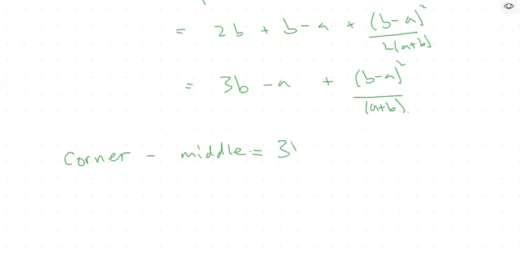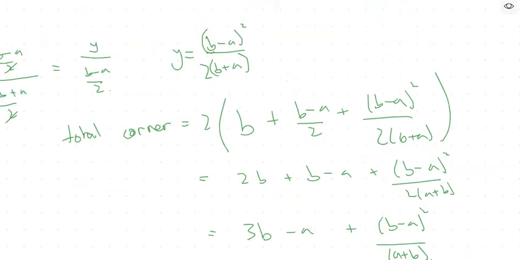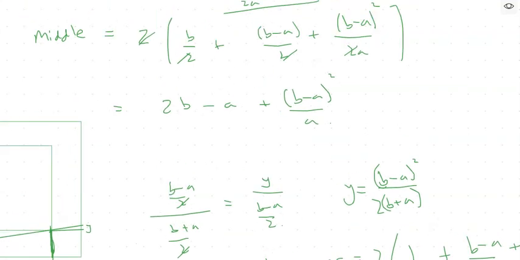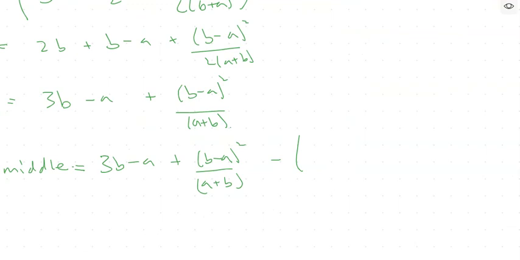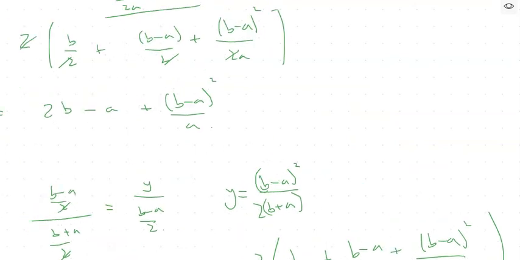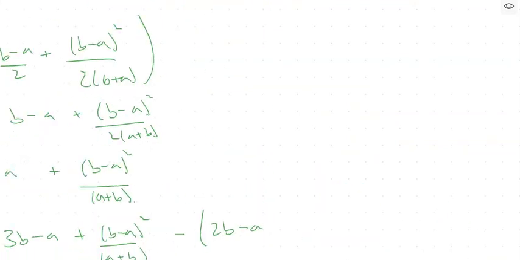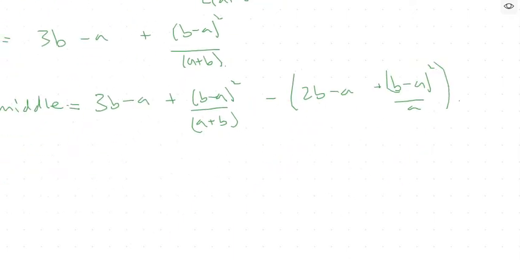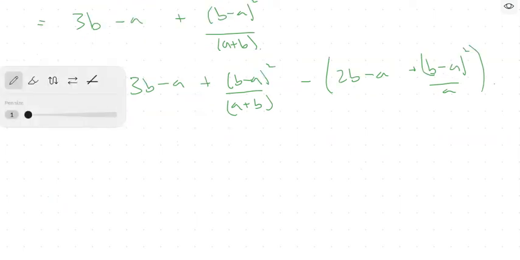So corner first, we've got 3B minus A plus (B minus A) squared over (A plus B), minus, that was the corner, so this is the middle: 2B minus A, and then it was plus (B minus A) all squared over A. Okay, see what cancels.